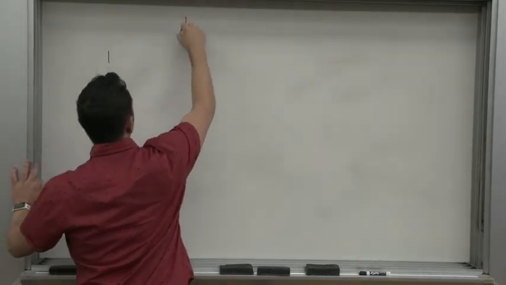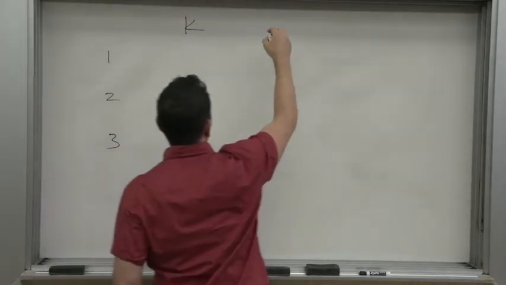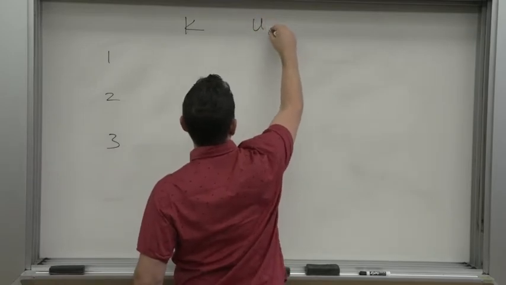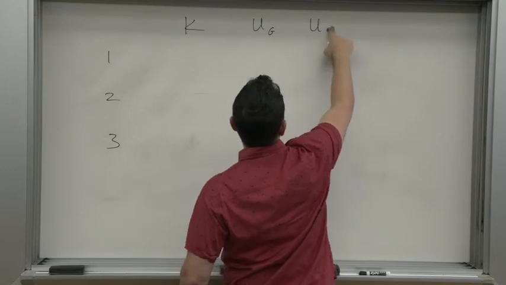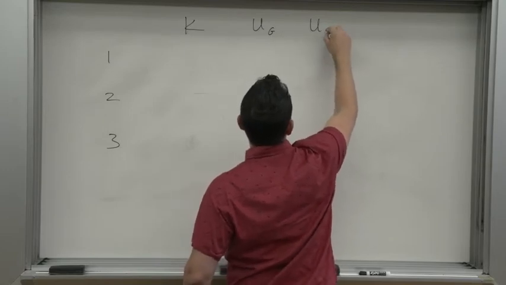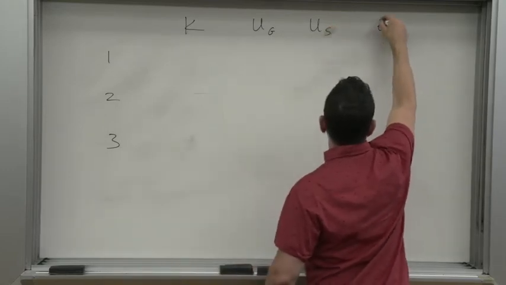I want to know what K is, what U gravitation is, U spring, and then the total mechanical energy.